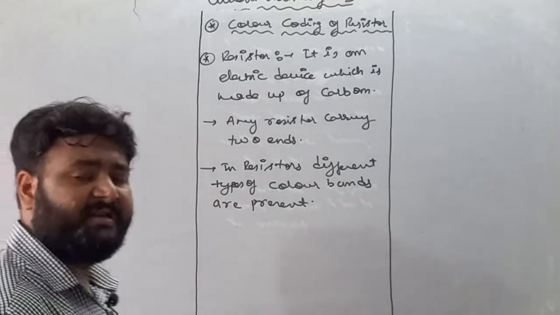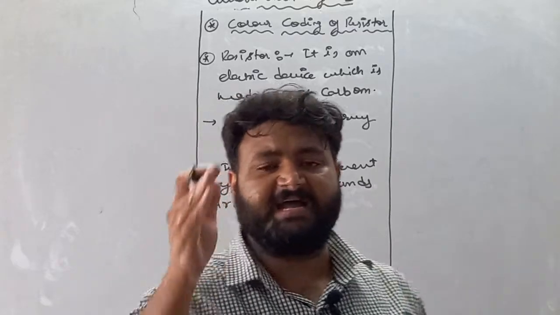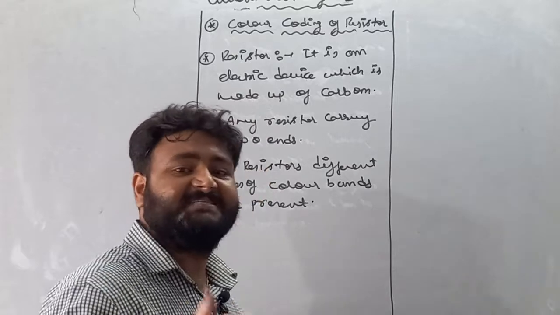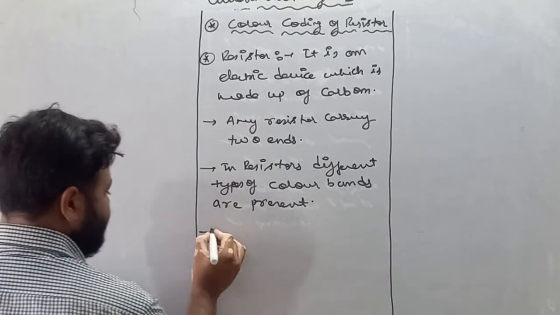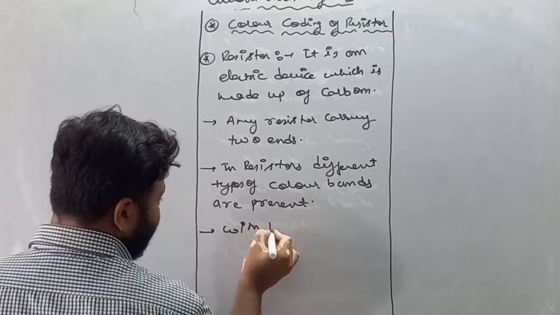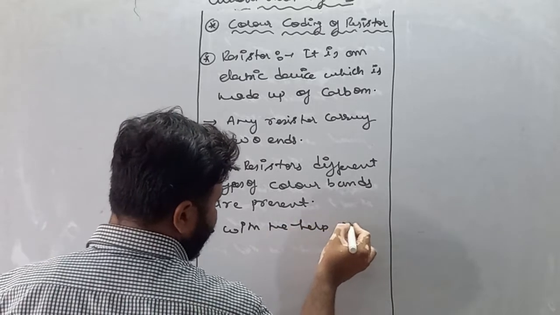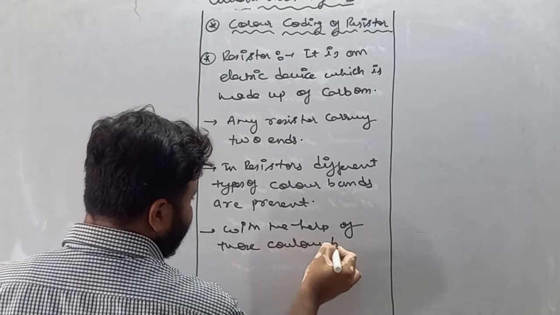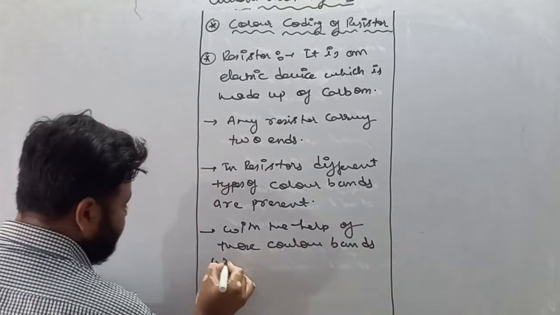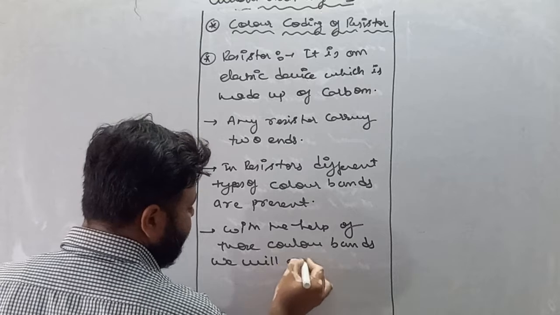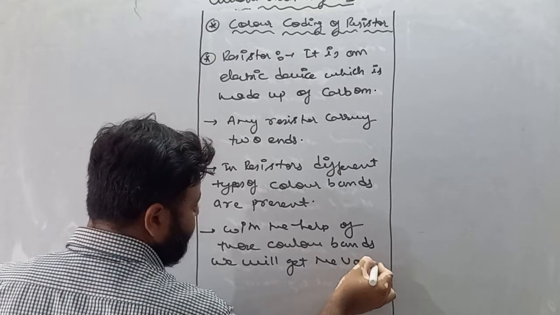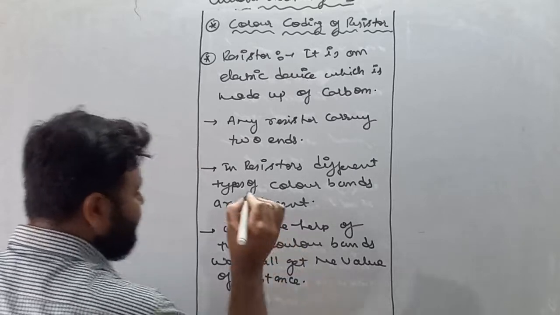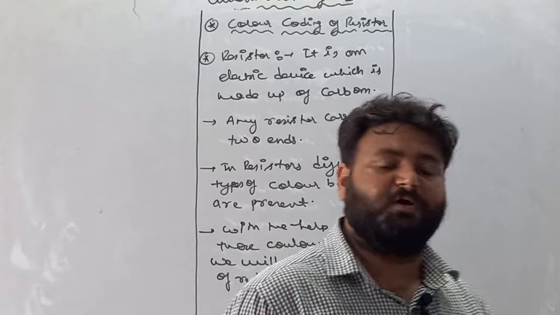With the help of those color bands, we'll find the value of resistance of that resistor. We will get the value of resistance.